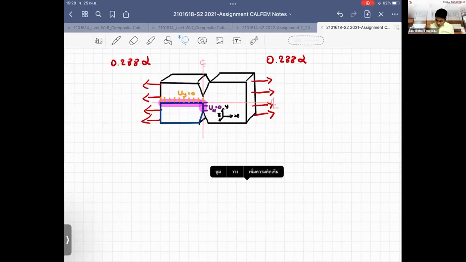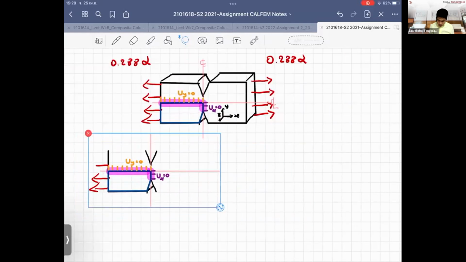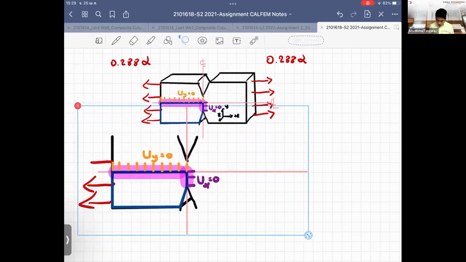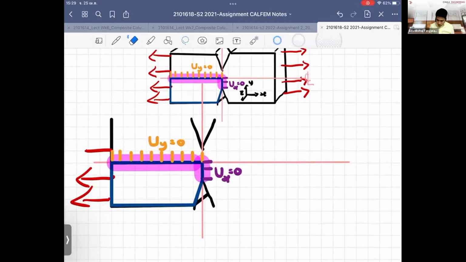Now we can take this out and put it into our structure model. We expand it and make it big, because we want to investigate the behavior of the notch. Let me clear this up.